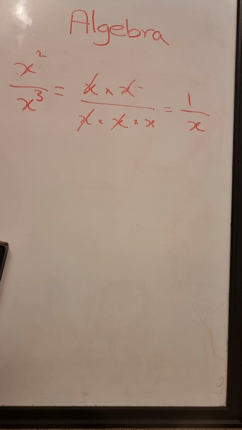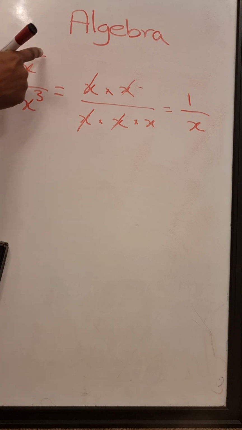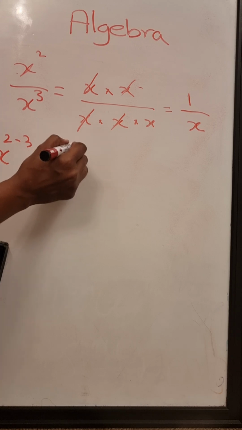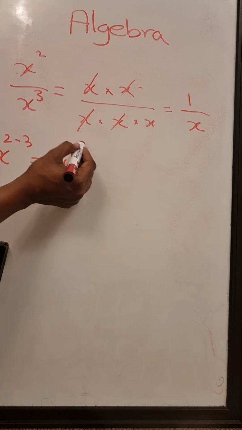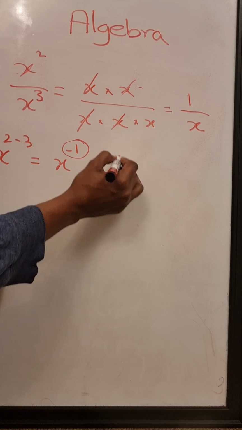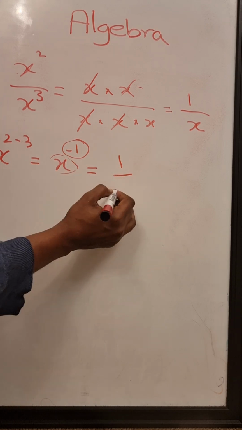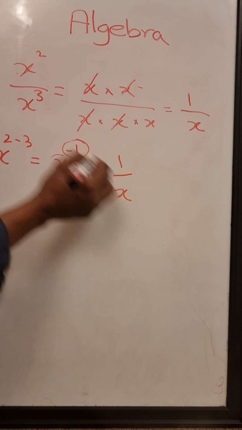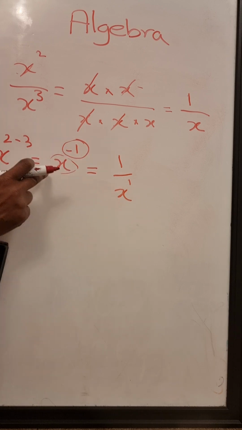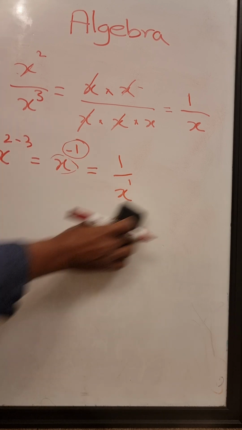But we mentioned earlier that when we divide, we subtract the powers. So we can say it's x to the power 2 minus 3, which is x to the power minus 1. So whenever we have a negative power, we can say it's 1 over whatever we have here with a positive power. So 1 over x is x to the power minus 1.